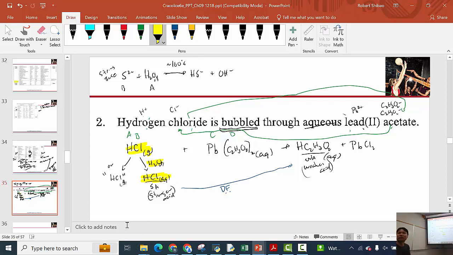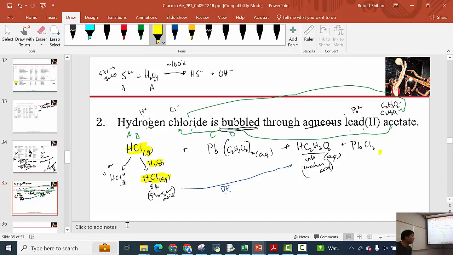But this reaction has 2 driving forces. What's the other driving force? Can you see it? Precipitate. Chlorides, bromides, and iodides are all soluble except for lead, lead 3, mercury, and silver.